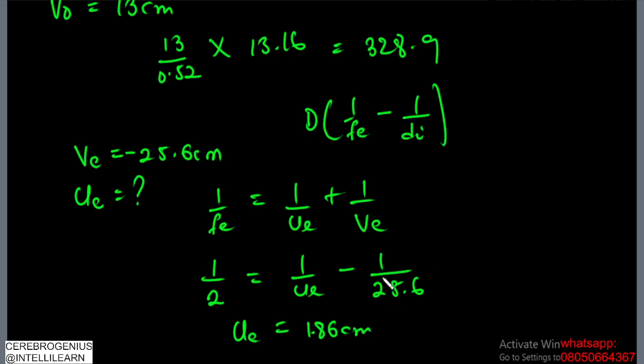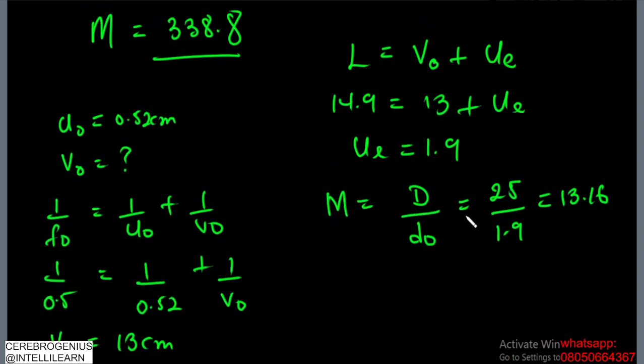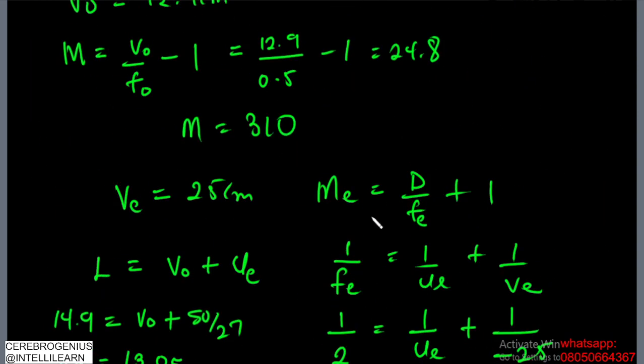That is 1.86 centimeter. So we subtract this from the length of the microscope. So V of the object is length of microscope minus UE. Don't forget that this is what you have been looking for.